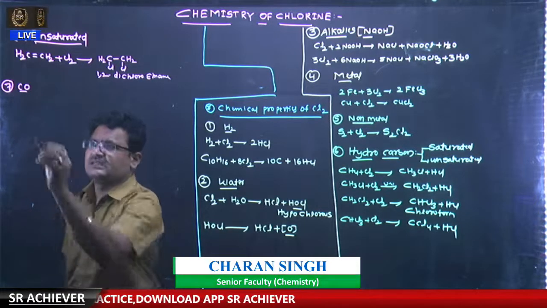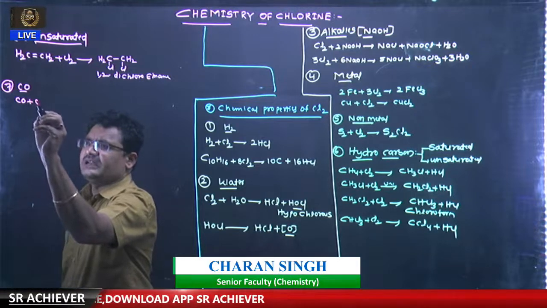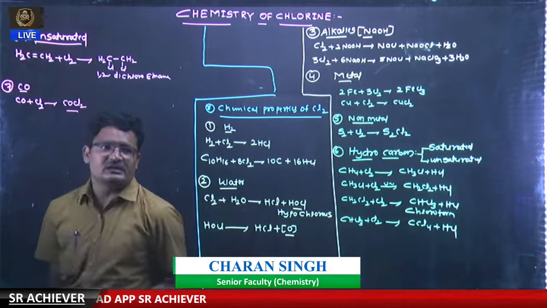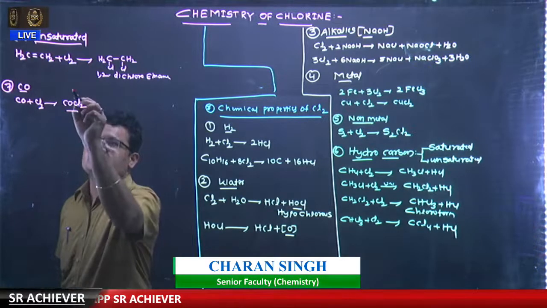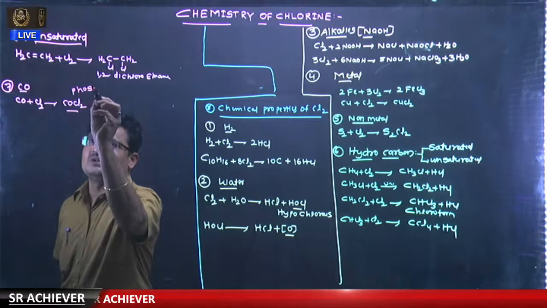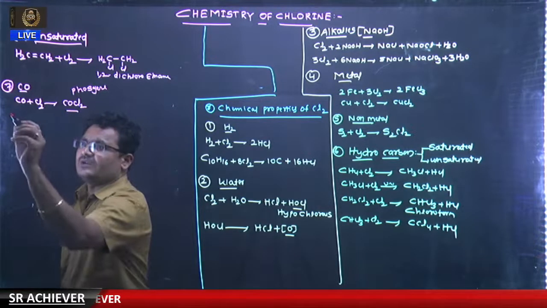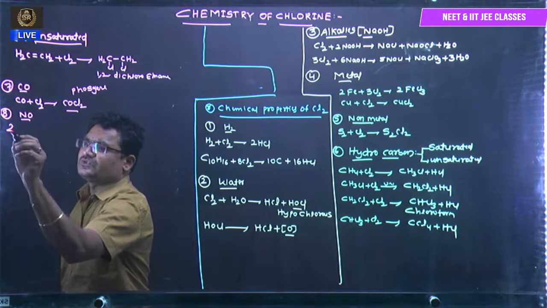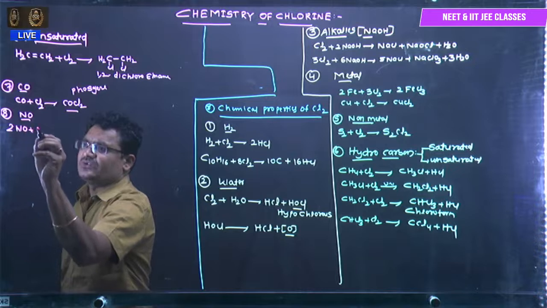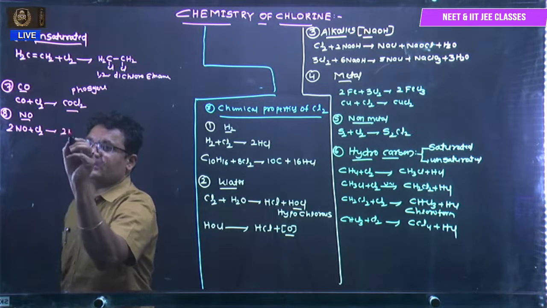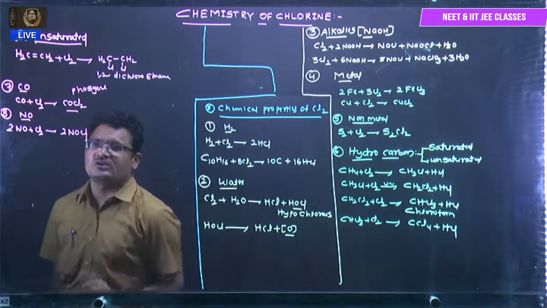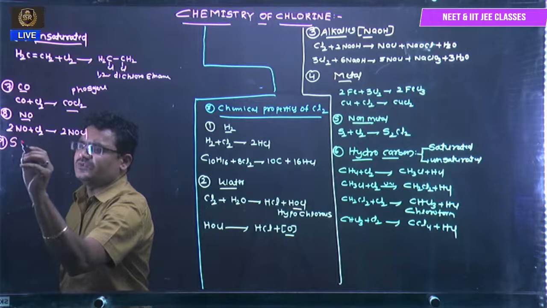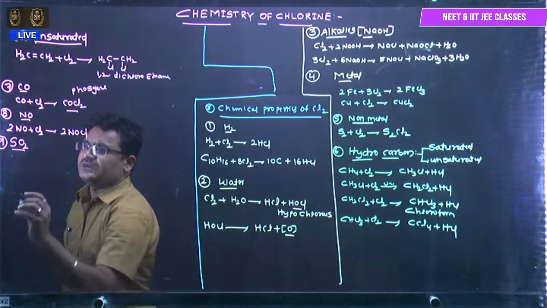After unsaturated hydrocarbon, the next one, the seventh, is reaction with carbon monoxide. Carbon monoxide reacts with chlorine to give COCl2, carbonyl chloride, which is nothing but phosgene. The eighth one is NO: 2 moles of nitrogen monoxide react with chlorine to give nitrosyl chloride, NOCl. The ninth one is SO2, sulfur dioxide.